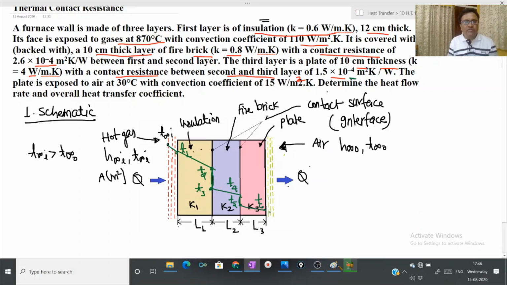And finally, when heat is flowing to the cold air, its temperature will drop from T6 to T infinity o. So this is nothing but the temperature profile for this composite wall separating hot and cold fluid.